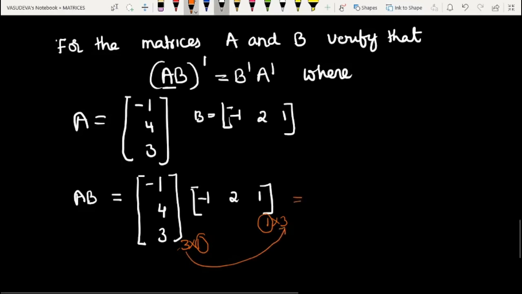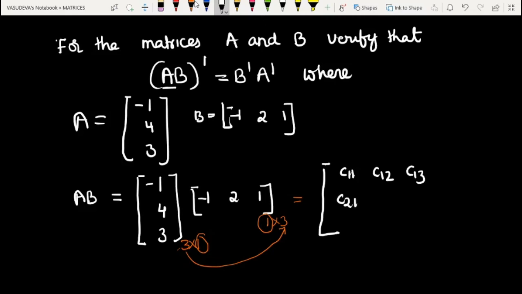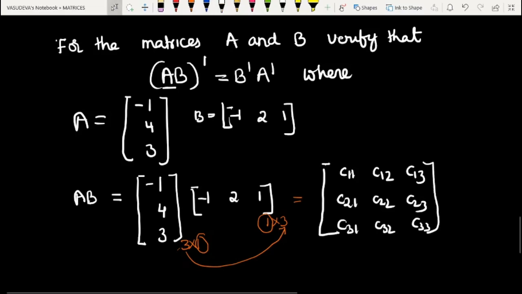So now we have to multiply this. The result matrix is of order 3 by 3, so this will be C11, C12, C13, that means 3 rows and 3 columns, C21, C22, C23, and C31, C32, C33. Sum of the products of the elements of the rows and columns.